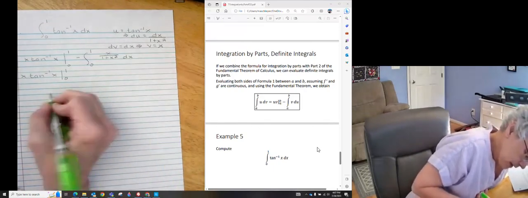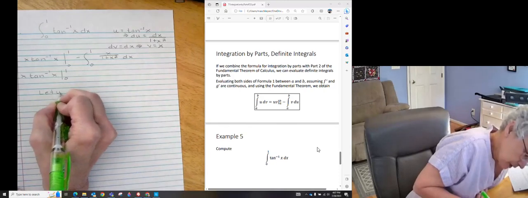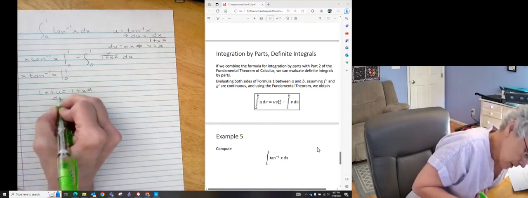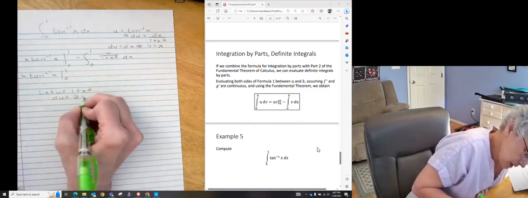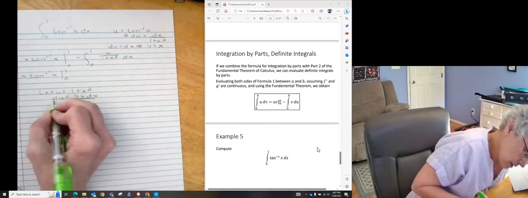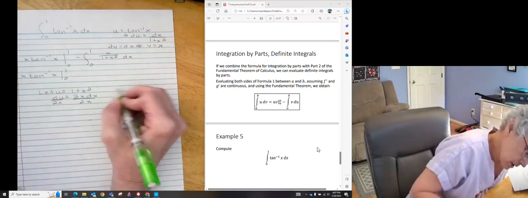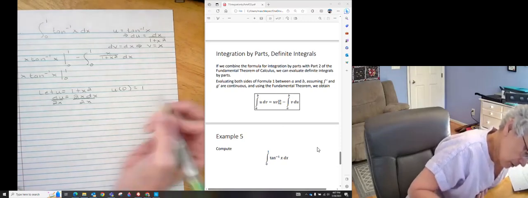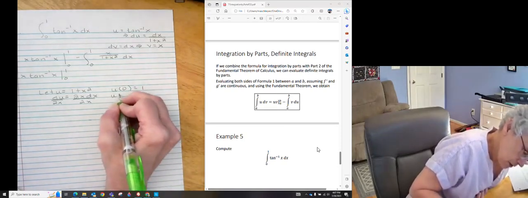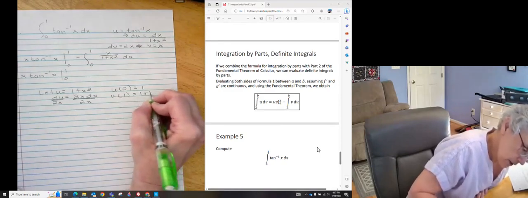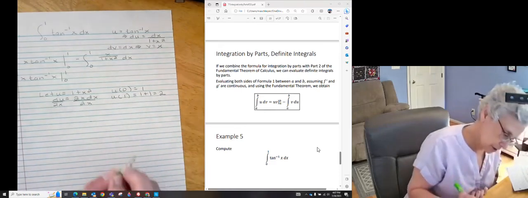I'm going to let my new u be equal to 1 plus x squared, then du is 2x dx over 2x. U evaluated at 0 would be equal to 1, and u evaluated at 1 would be 1 plus 1 squared, which is 2.